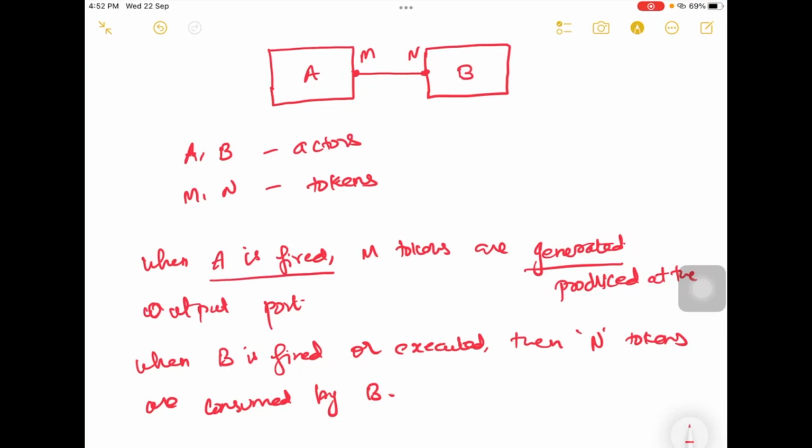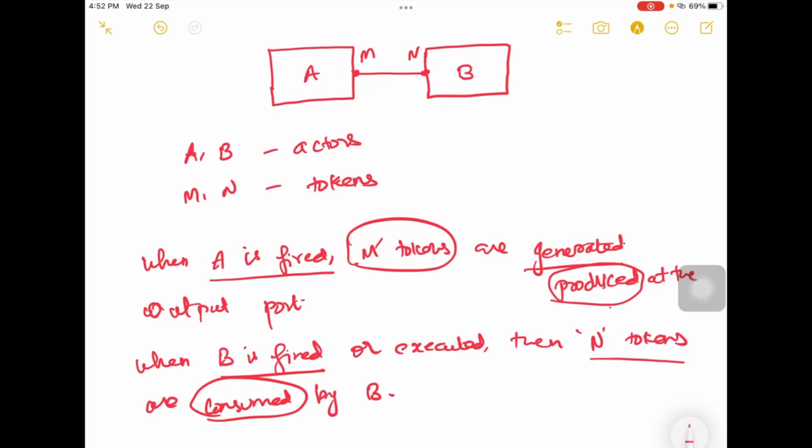When A is fired, M tokens are produced, and when B is fired, N tokens are consumed. We call it the producer consumer problem.